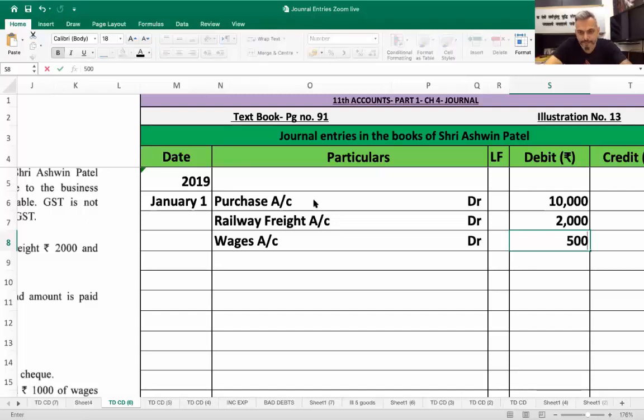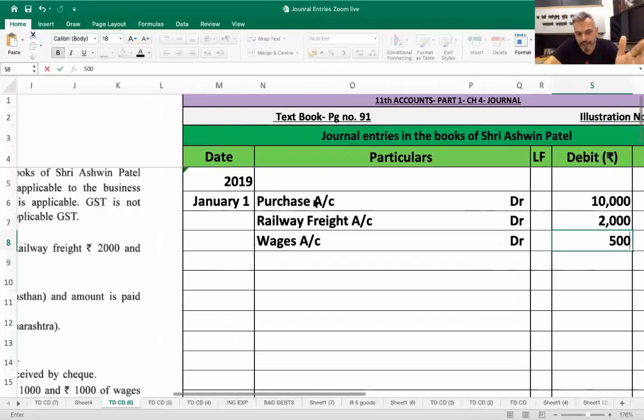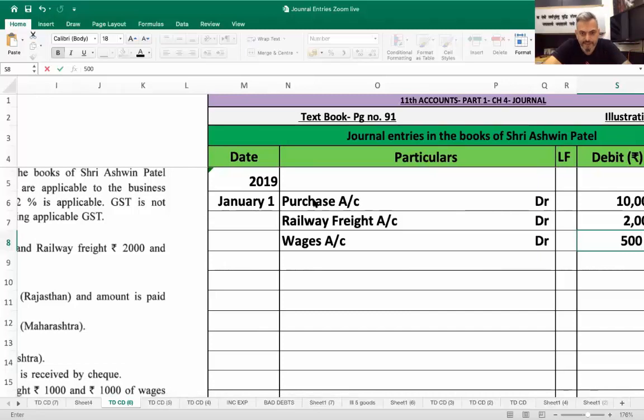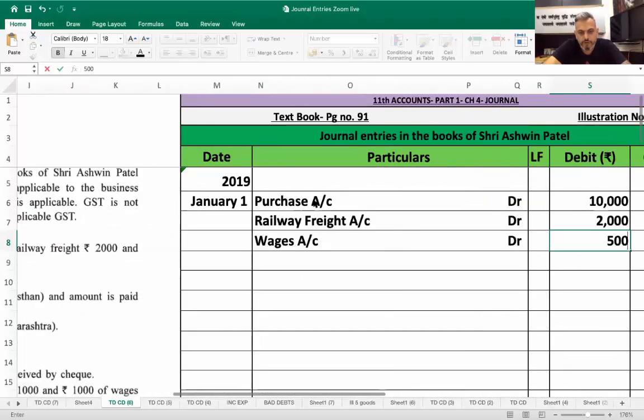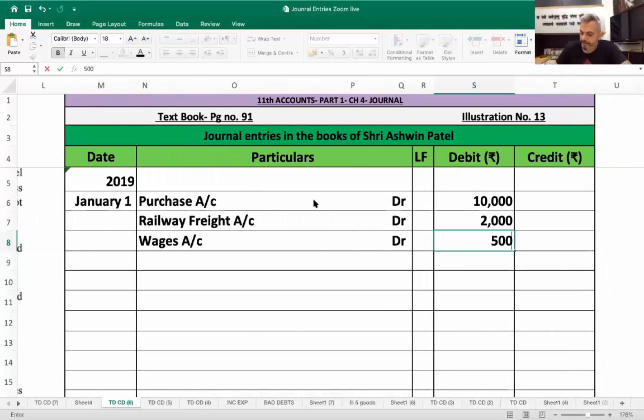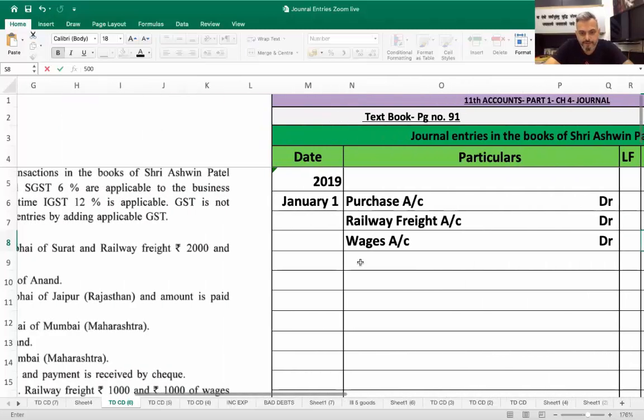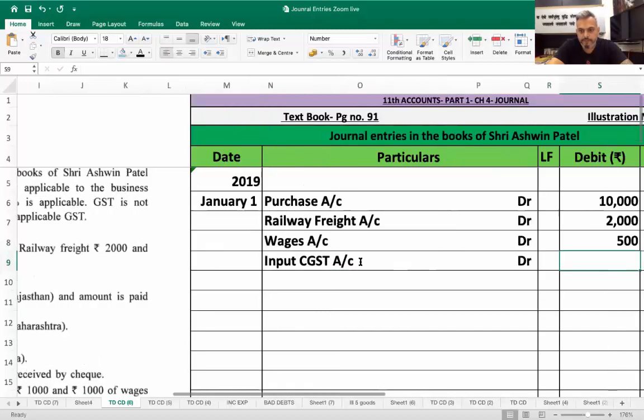Now they are all paid by check, but these are goods we are buying, so GST is applicable on this. So calculate the total: 10,000 plus 2,000 plus 500, so 12,500. 6% of it comes to 750. Now we are buying, so we write input CGST account debit 750. Did everyone understand how it is 750?